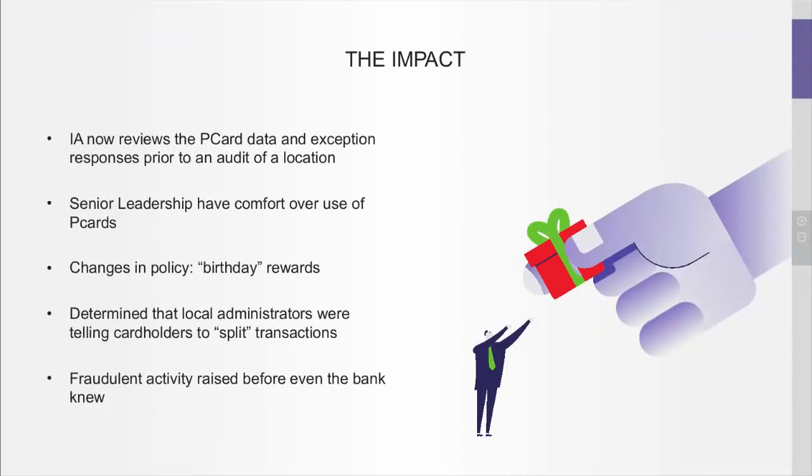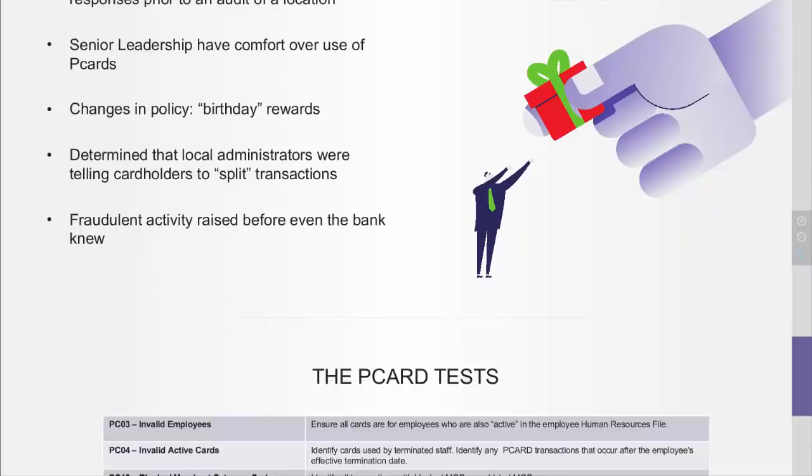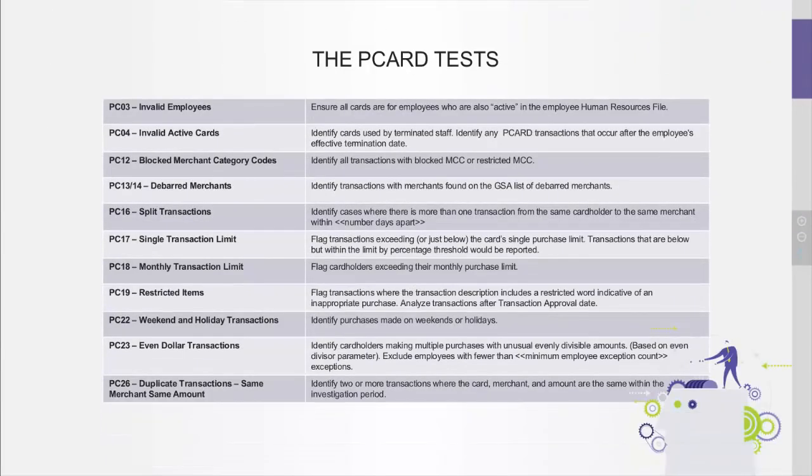We should not be using gift cards for like birthday rewards. We do allow them in certain cases. But there's another one that's also called the restricted words, where we can see if people are going to the spa or people are going to get just gift cards for a certain reason. So we report that, if it's for employees, as, I think it's called, imputed income.